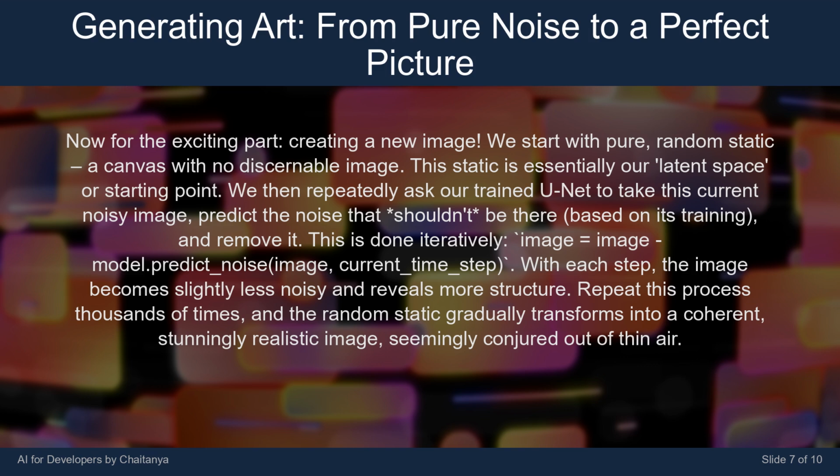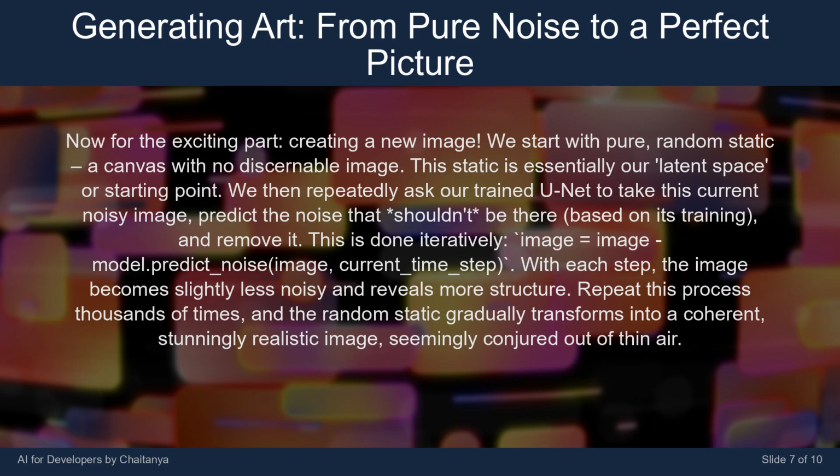This is done iteratively. image = image - model.predict_noise(image, current_time_step). With each step, the image becomes slightly less noisy and reveals more structure. Repeat this process thousands of times, and the random static gradually transforms into a coherent, stunningly realistic image, seemingly conjured out of thin air.